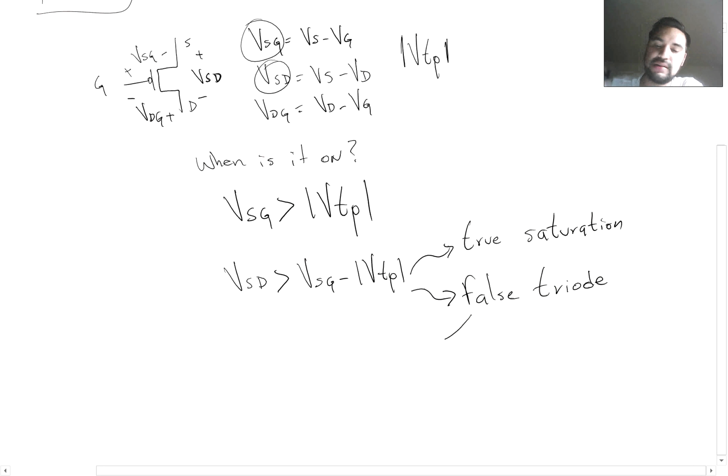Remember that triode is just the opposite: when VSD is less than VSG minus the absolute value of VTP, that's when it's in triode.